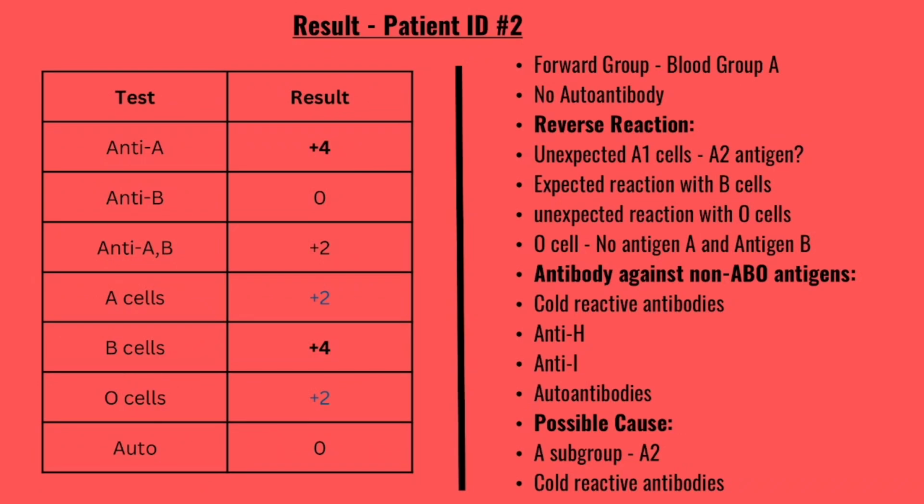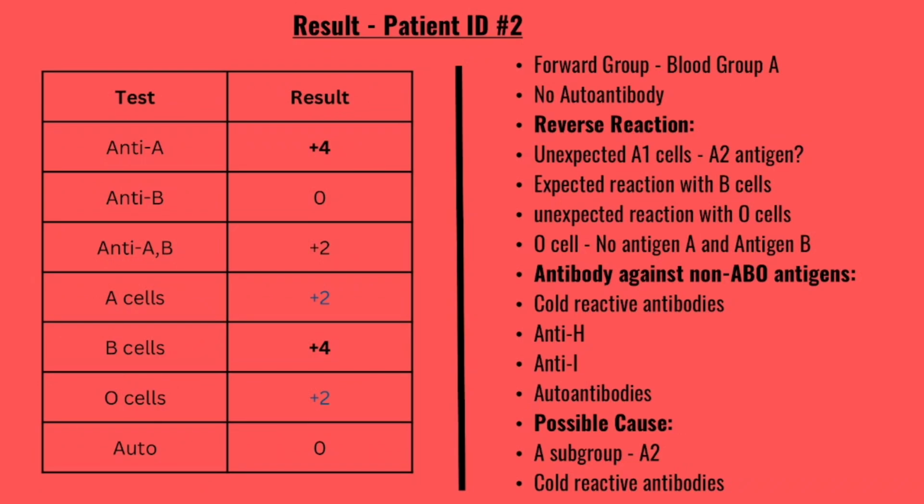The reason why it cannot give it to you, even though there's a strong reaction in anti-A forward grouping and a strong reaction in B cells, is the weak reaction you are seeing in A1 cells and the weak reaction in O cell.